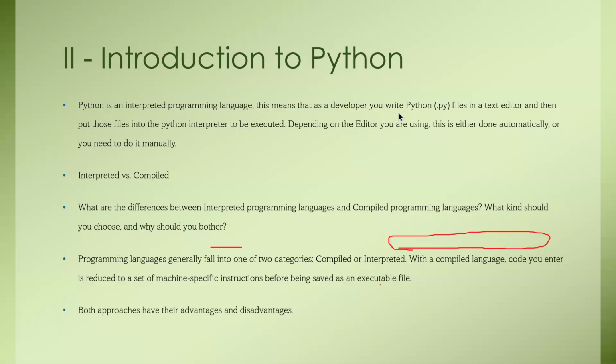As the developer, you can create your Python script using .py as an extension. You can use any editor like Visual Studio Code to create this file. And once the file is created, you can automatically interpret it.